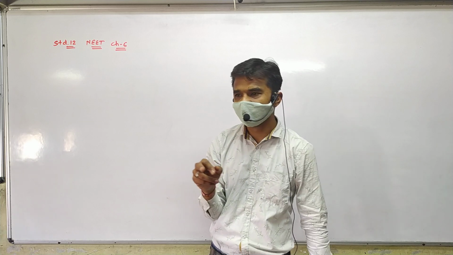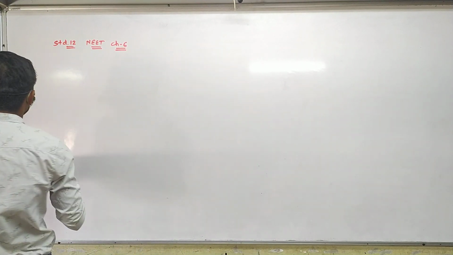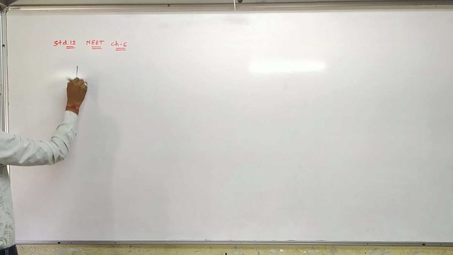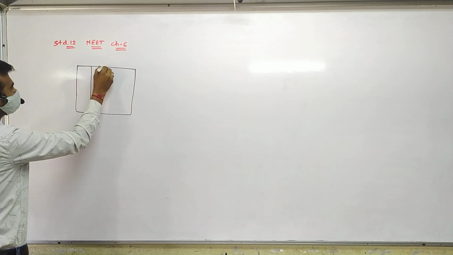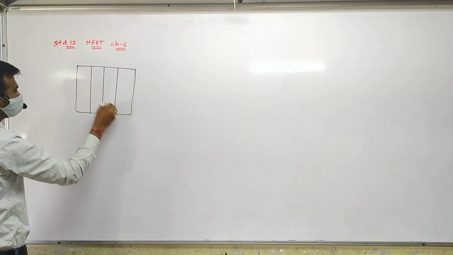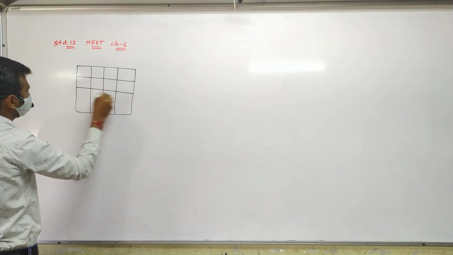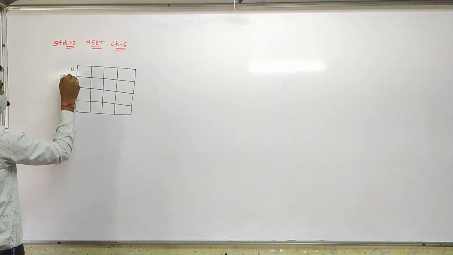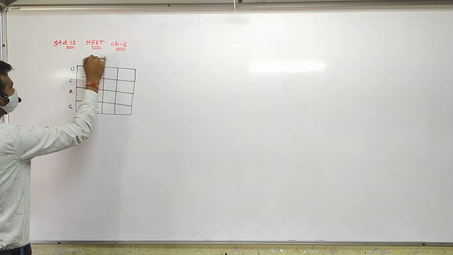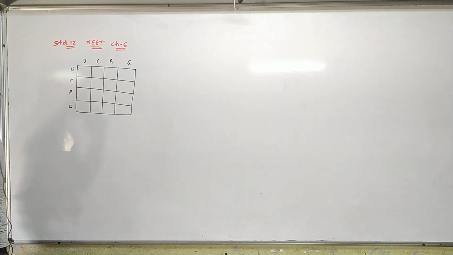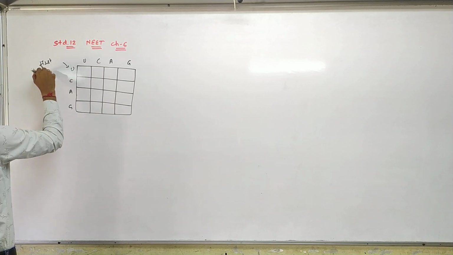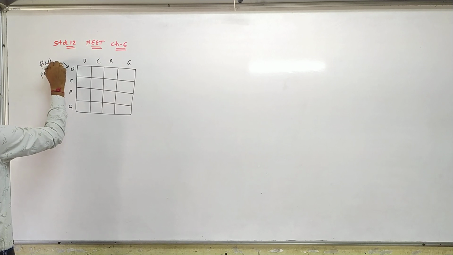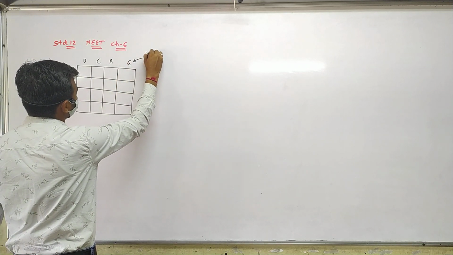In the doublet code, when you make the table, you have to write in this way: this is the first position and this is the second position.